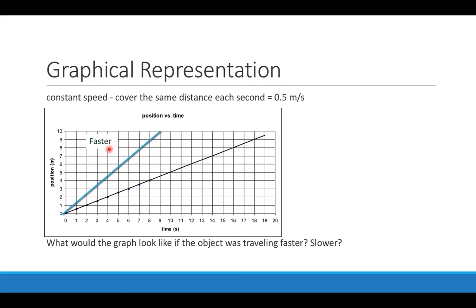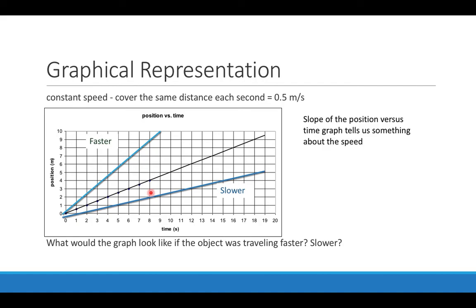And for an object that's traveling slower, it would have a slope that is not as steep, right? So these representations for these lines of position versus time tell us a lot about what the motion of the object is in terms of how fast it's going. So the slope of the position versus time graph is always going to tell us something about the speed of the object.